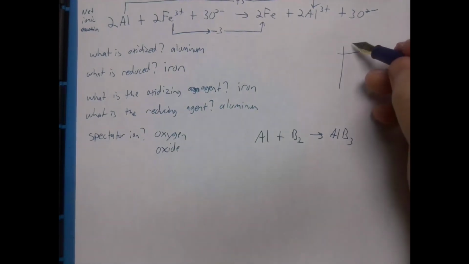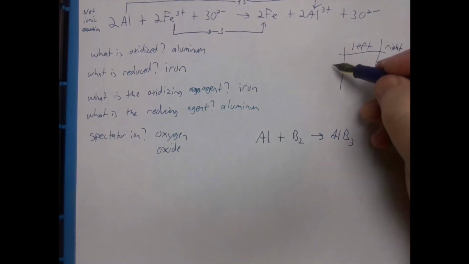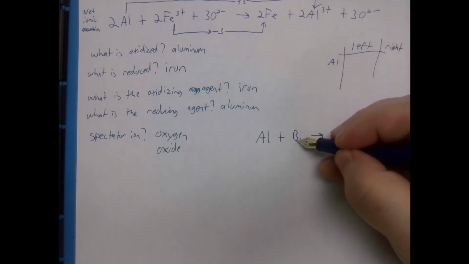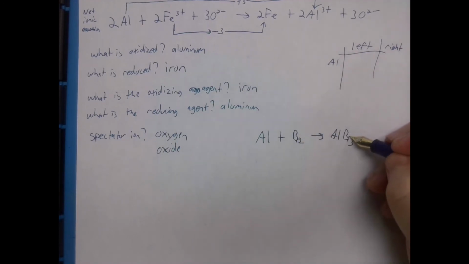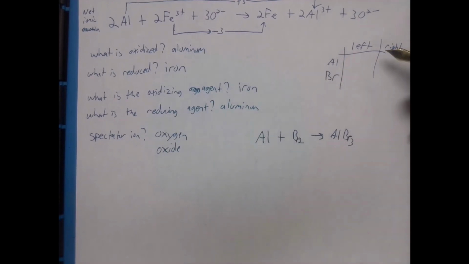You can make this little table if it helps. Personally, I can just see it and do it in my head. We have aluminum on the left, and these should be bromine, Br. So I have one aluminum on the left, one aluminum on the right. I have 2 aluminum on the left, and 3 bromine. 2 bromine on the left, 3 bromine on the right.